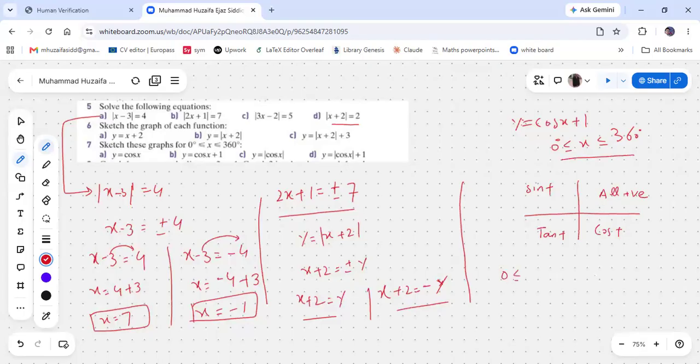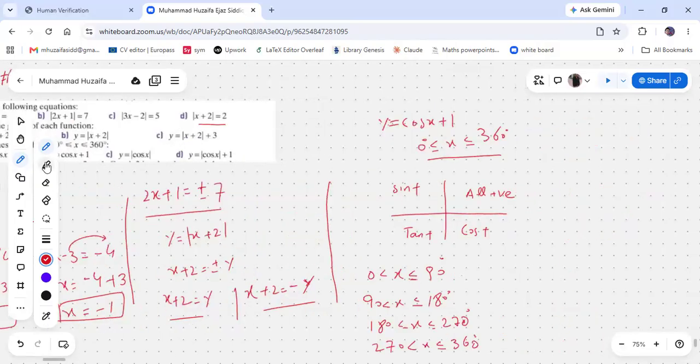So 0 < x ≤ 90, 90 < x ≤ 180, 180 < x < 270, and 270 < x ≤ 360 degrees.